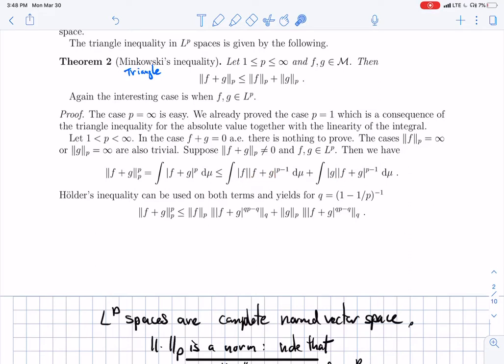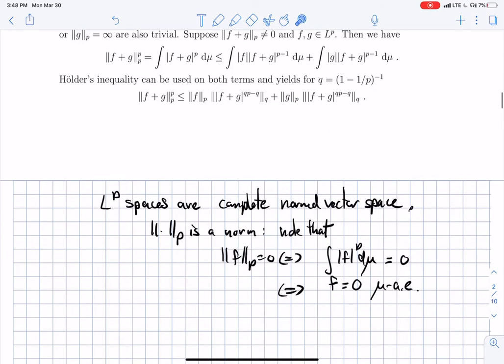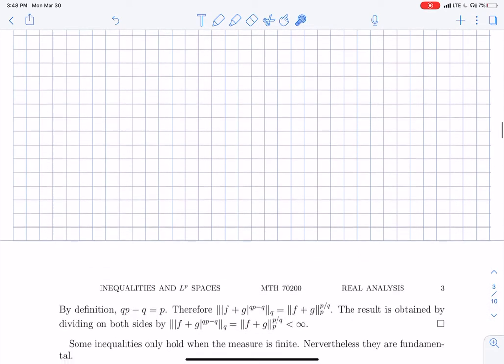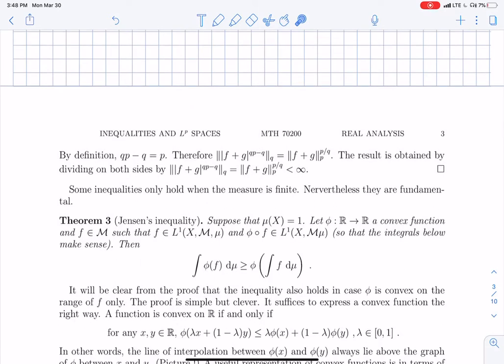And by applying it, you get the norm of f times this. Now you get q, all right, because you take the L^q norm. And same thing here. Now, because of the relation between p and q, the conjugate relation, you get that q(p minus 1) is equal to p. Okay, and then so you're done.